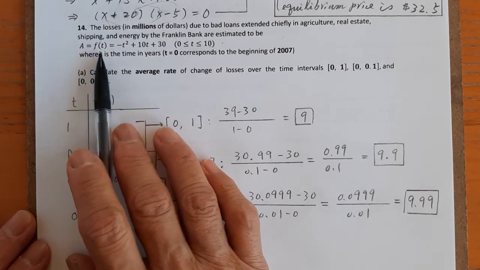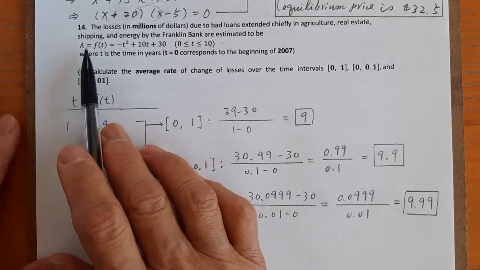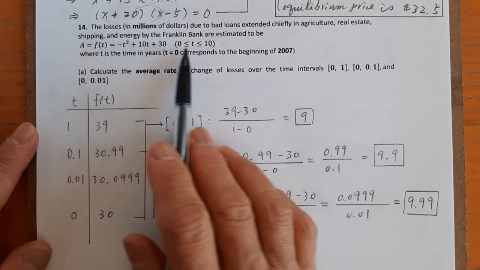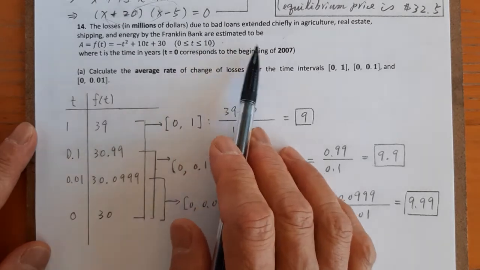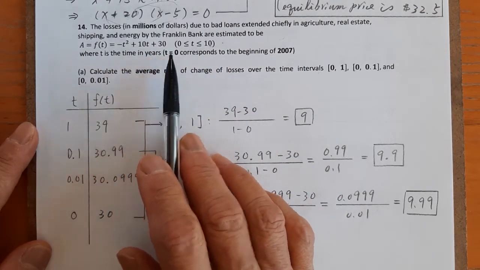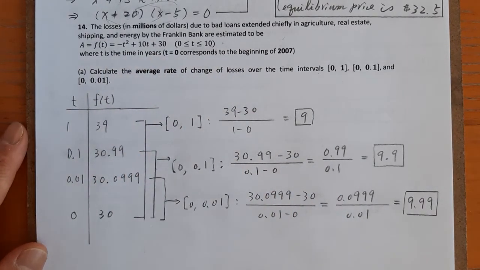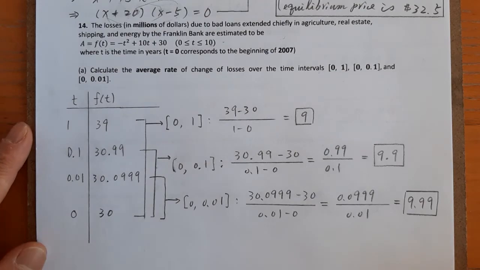A is amount. In terms of t, corresponding to time in years, t is years. So t is between 0 and 10.